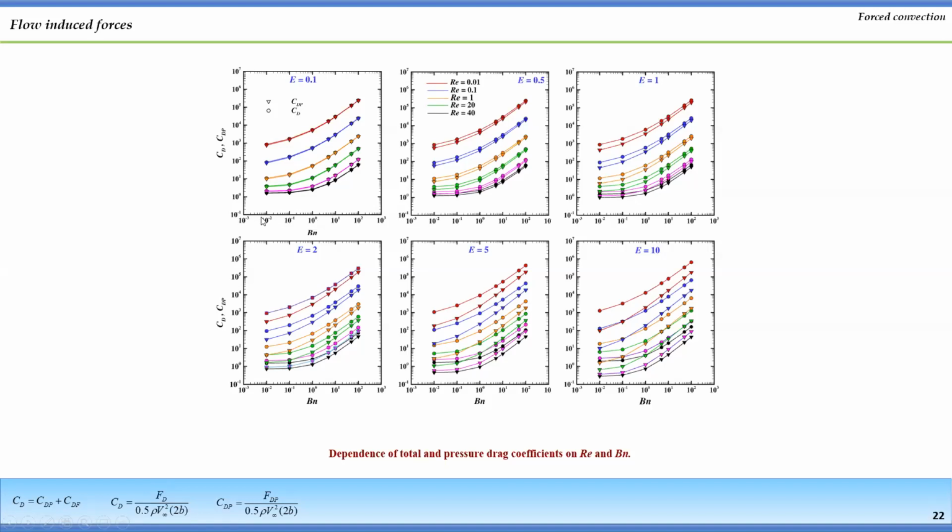But on the other hand, over the same value of Reynolds number, if the Bingham number is increasing, then drag increases. So basically these parameters will play a role in terms of this drag.